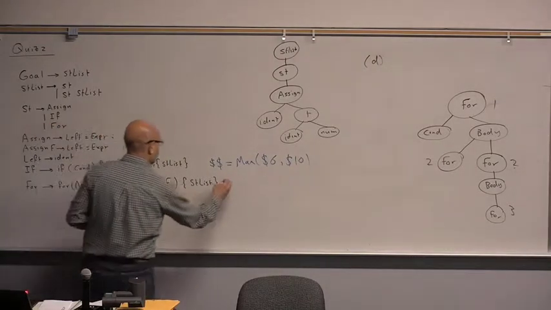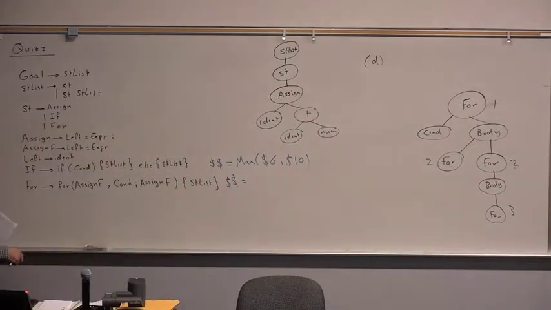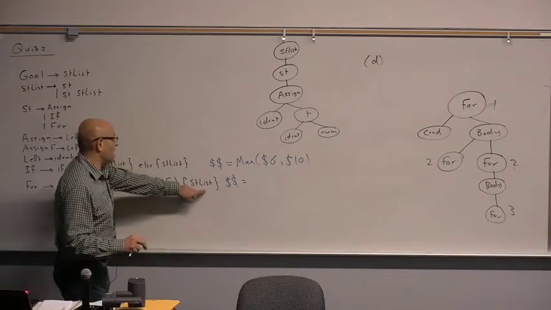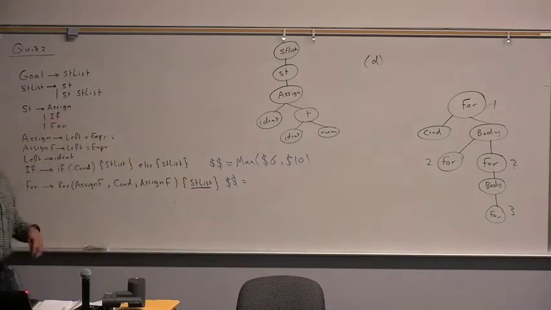And here, for the for itself, that was just the statement list, $10 plus 1. The assign doesn't have anything, but this may have fors in it. So this is the statement list that may have a whole bunch of fors in it.